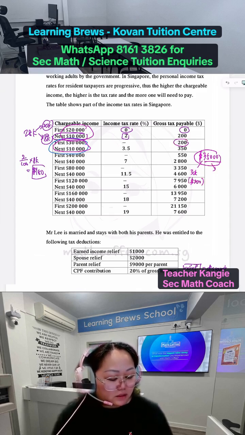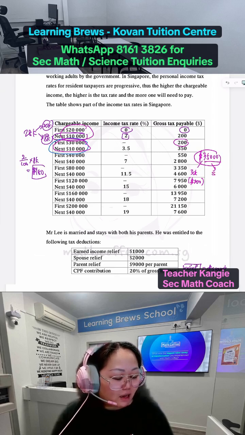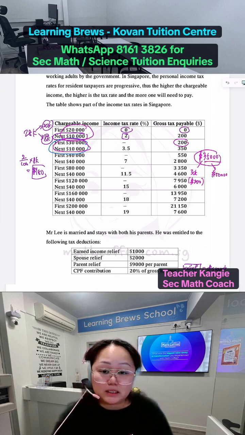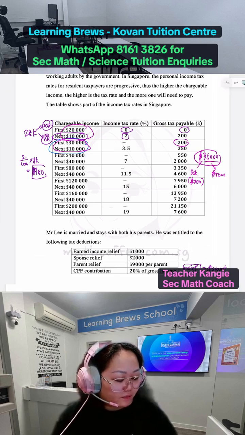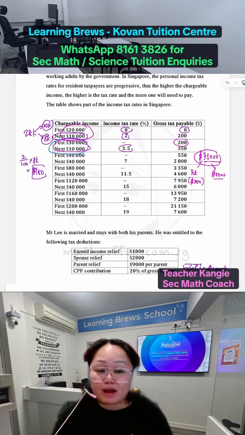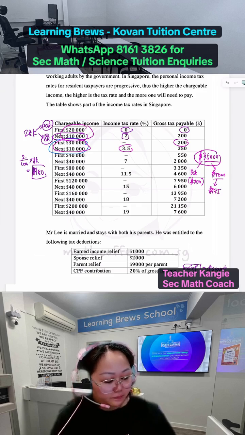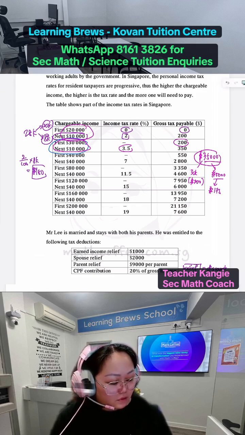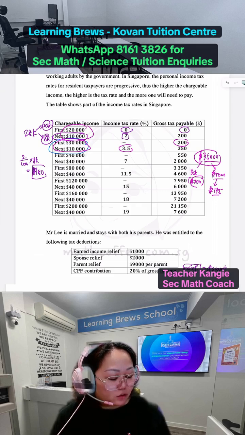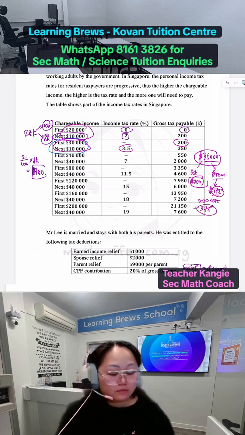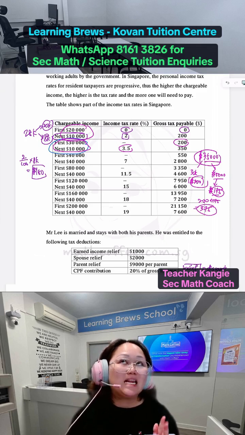And then for the next 10,000, in this case it is the next 5,000, because 35,000 minus 30,000 leaves 5,000. For this 5,000, I have to calculate 3.5% tax. So 5,000 multiplied by 0.035 gives you 175. So 200 plus 175, in total you have to pay $375 tax. This is how you interpret this table.